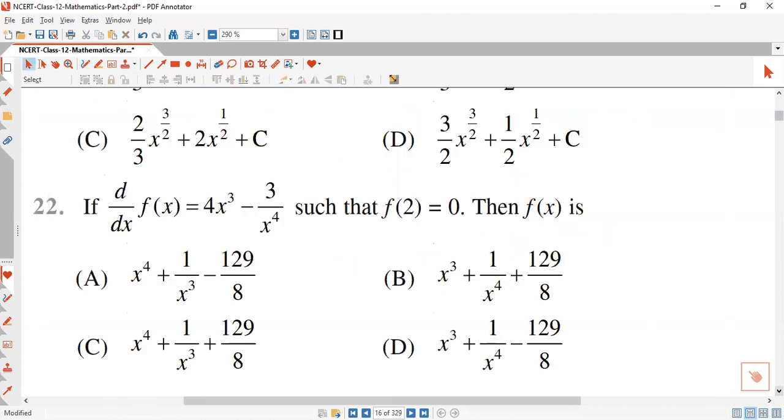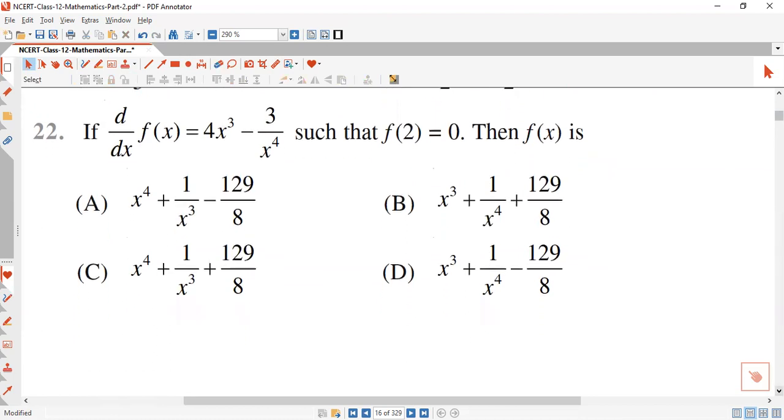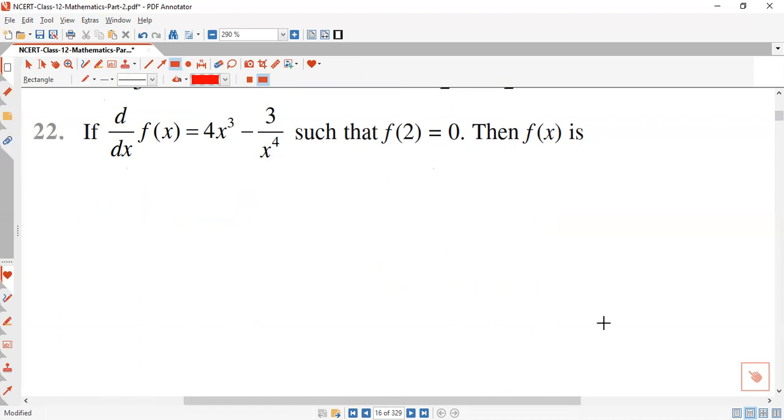Now question number 22. A function f(x) is given. If d by dx of f(x) equals 4x cube minus 3 upon x raised to 4, such that f(2) equals 0, then f(x) is? Okay. The derivative of the function is given.